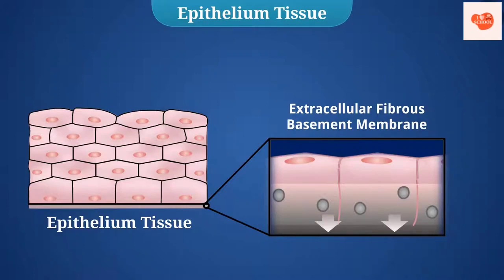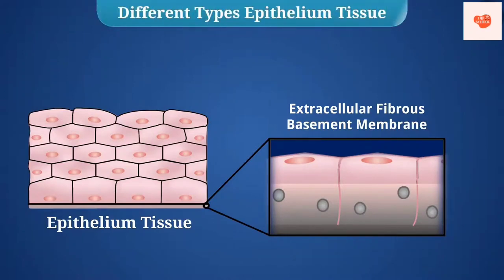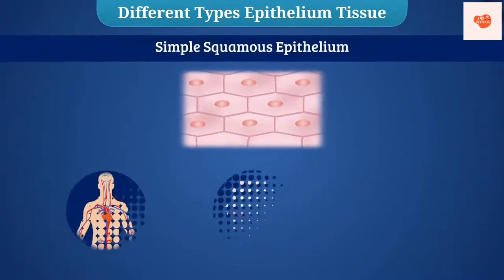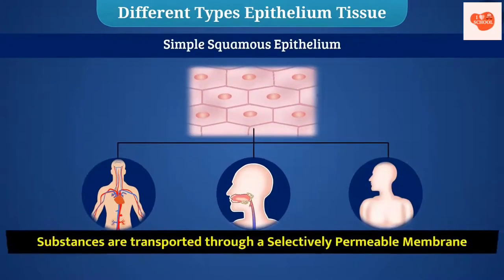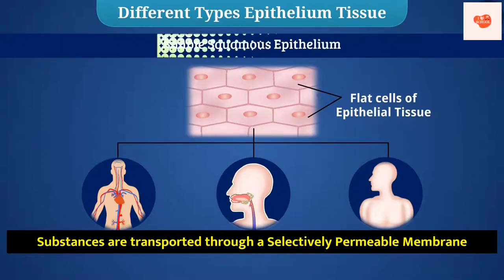On the basis of function performed by epithelium tissue, epithelium has different types of structures. In the organs of the body where substances are transported through a selectively permeable membrane, flat cells of epithelial tissue are present. These are called simple squamous epithelium.